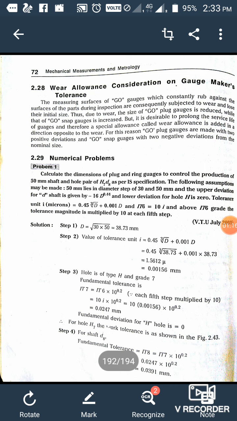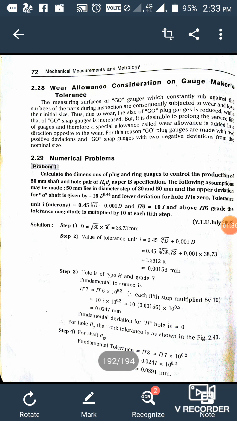Then the upper deviation for d shaft is given by minus 16 D to the power 0.44, and the lower deviation for the hole is 0. Next, the tolerance unit is also given.